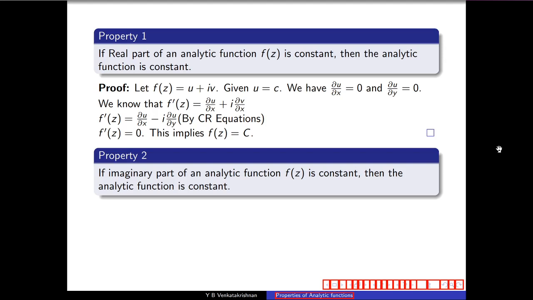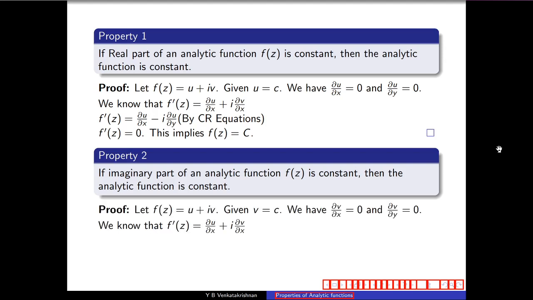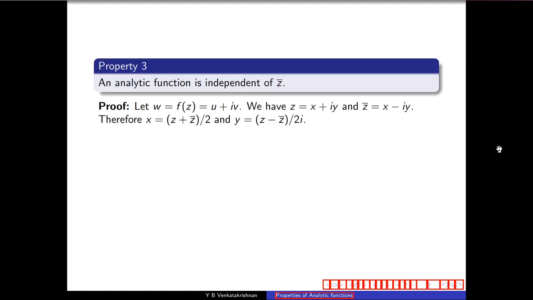On similar lines, if the modulus of an analytic function is constant, then you have to show that the analytic function is also constant, which you can take as property 2a.